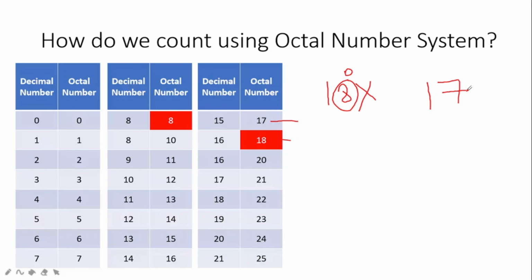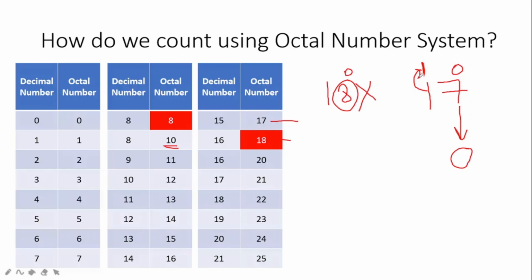If we run out of digits in the 0th place, first of all find out what comes after this 7 in the octal number system. What comes after 7? 10, right? So 0, and the 1 in this 10 will be carried forward to the next number. So this number has a carry.